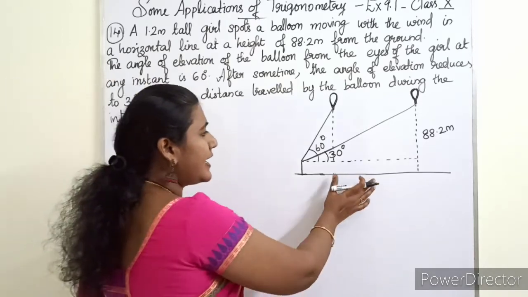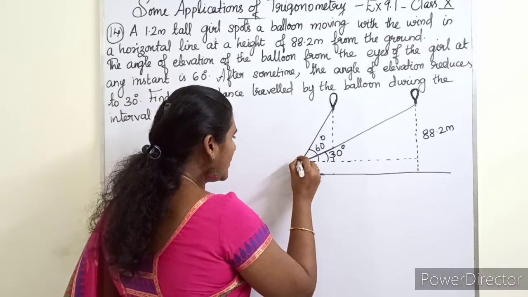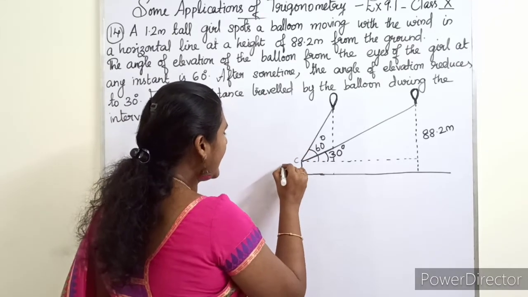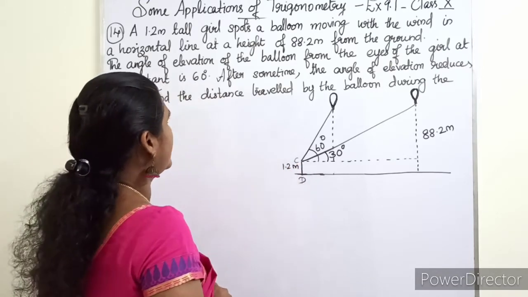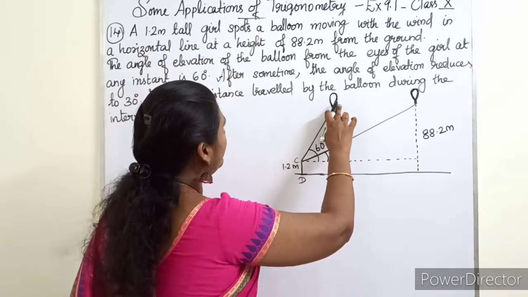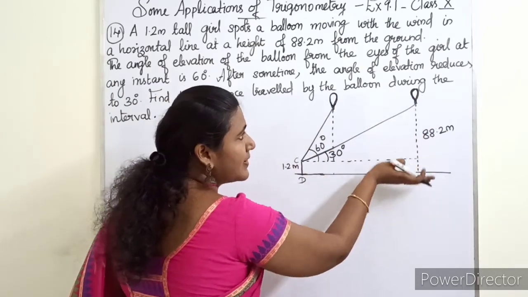So here the diagram is given in the question. Here we have a girl, which we will denote CD, and it is given that the height of the girl is 1.2 meter. The girl observes a balloon which is at a height of 88.2 meter from the ground.